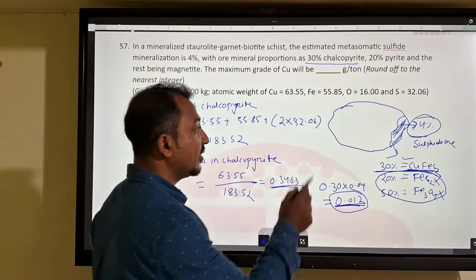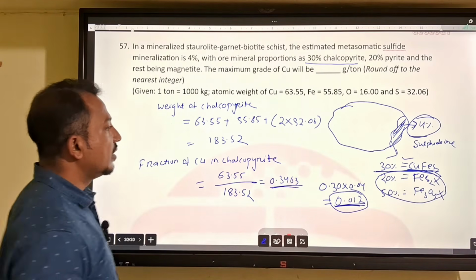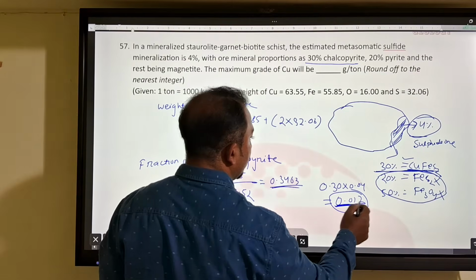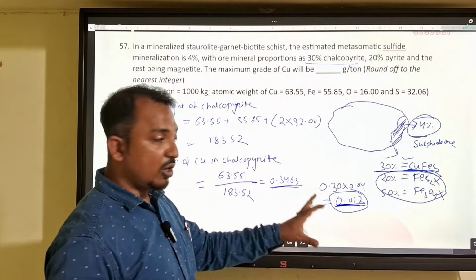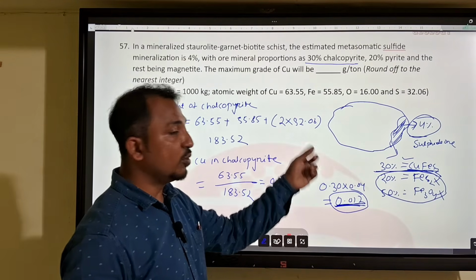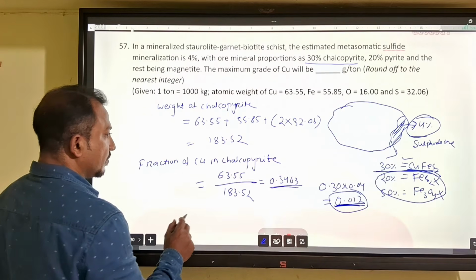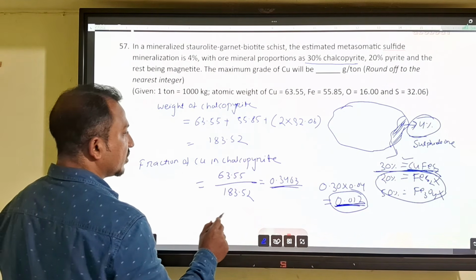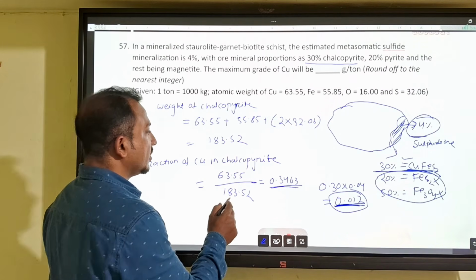So we have to calculate the grade from the whole deposit. Now the 0.012 fraction is chalcopyrite present in the whole deposition. Then how much fraction of copper will be present?